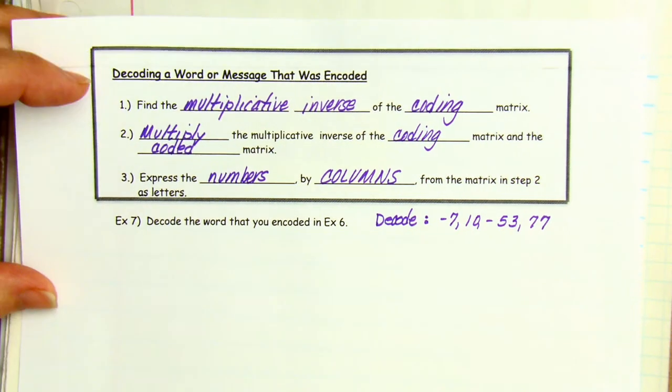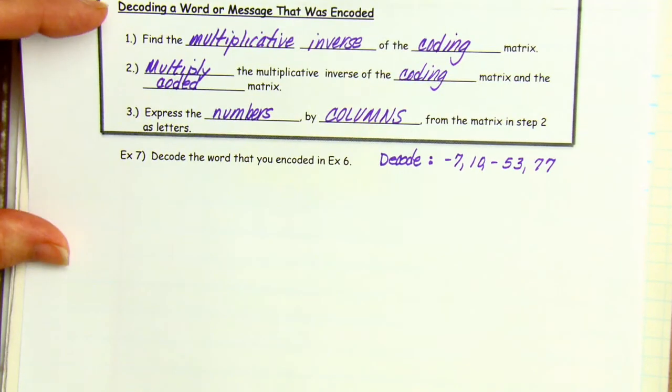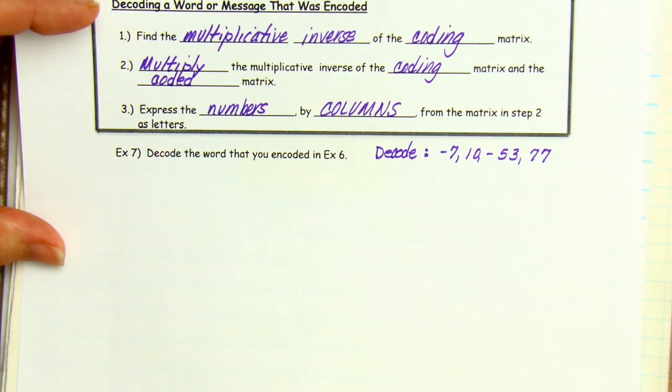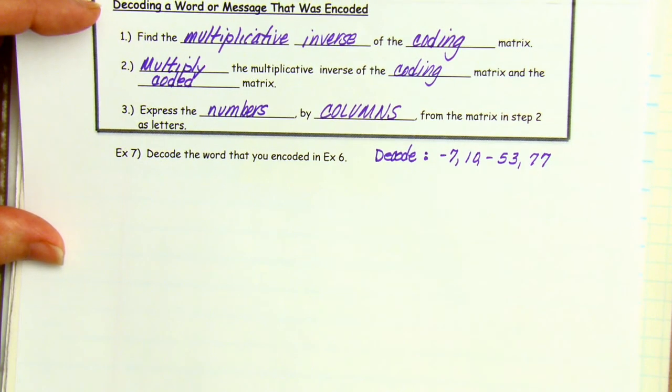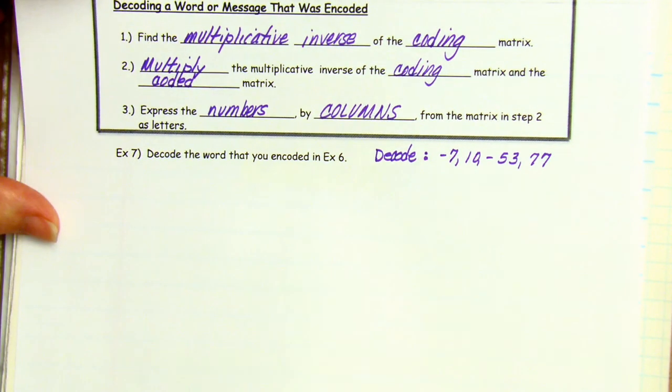All right, first thing we have to do is find the multiplicative inverse. Now, because this one's pretty basic and it's only a 2 by 2, we are going to use the quick method to find the inverse of a 2 by 2. Now, on your quiz, it's going to be bigger than a 2 by 2, and so you have to use the augmented matrix.